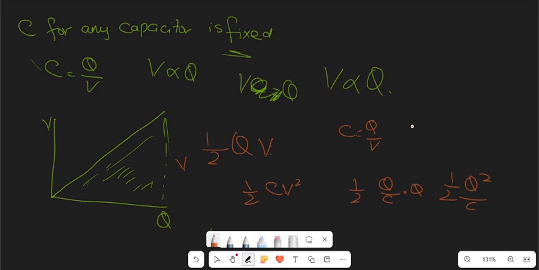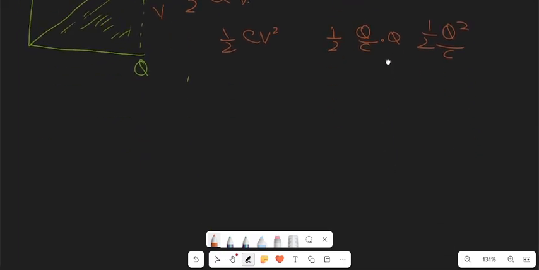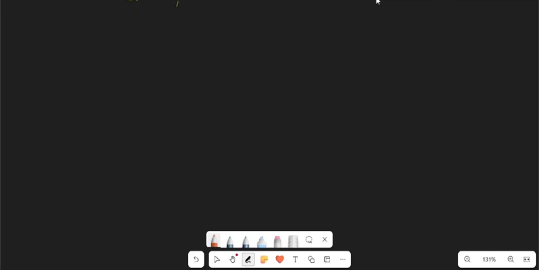Now having done this, what we're going to move on is time constant. Something that confuses a lot of students, and I'm going to explain it to you in the easiest possible manner. So when a capacitor is discharged, how do you discharge a capacitor? A capacitor is discharged through a resistor.